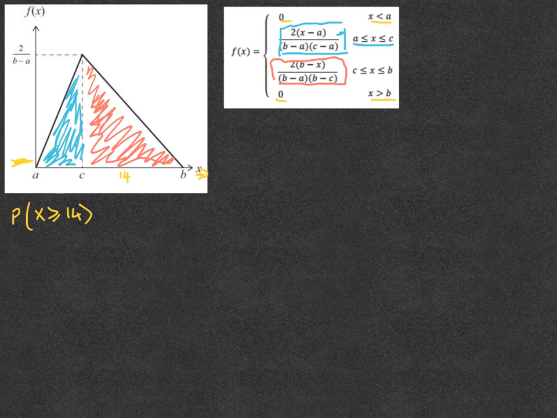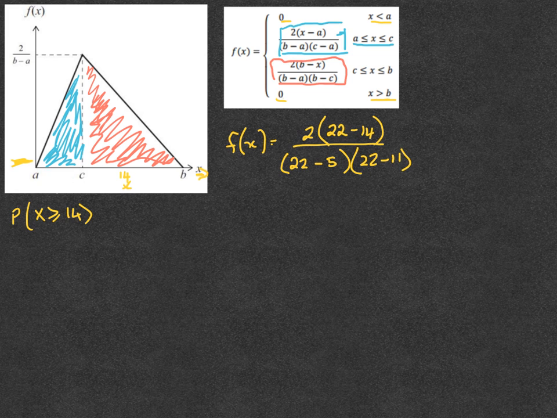So in order to do that, we have to work out the height using these values. And it's simply a case of substituting values in. So we'll use this formula here. So the function of x is equal to 2, and then we substitute the values in. We know that b, the maximum, is 22 centimetres, minus our value of x, which is here, that's 14, close the brackets, and that's over 22 minus 5, and then 22 minus 11, because that relates to b minus a and b minus c.